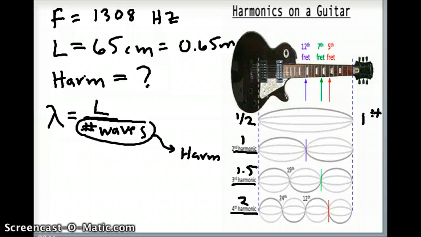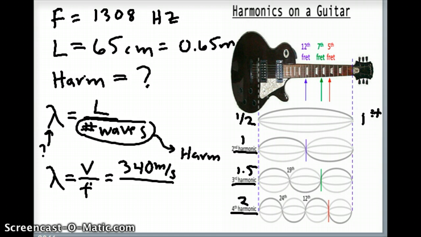Now, that's not too bad. We have the length already. The number of waves is what we're trying to solve for. We don't know what the wavelength is yet. However, there is another equation that we've used in the past to figure out the wavelength. It's the speed divided by the frequency. Now again, we're dealing with sound waves, so we should already know what the speed is.